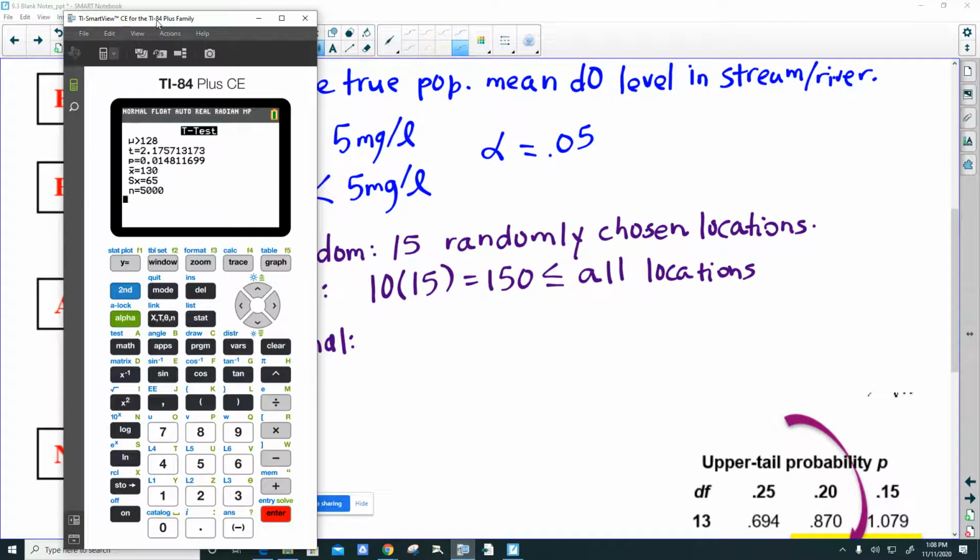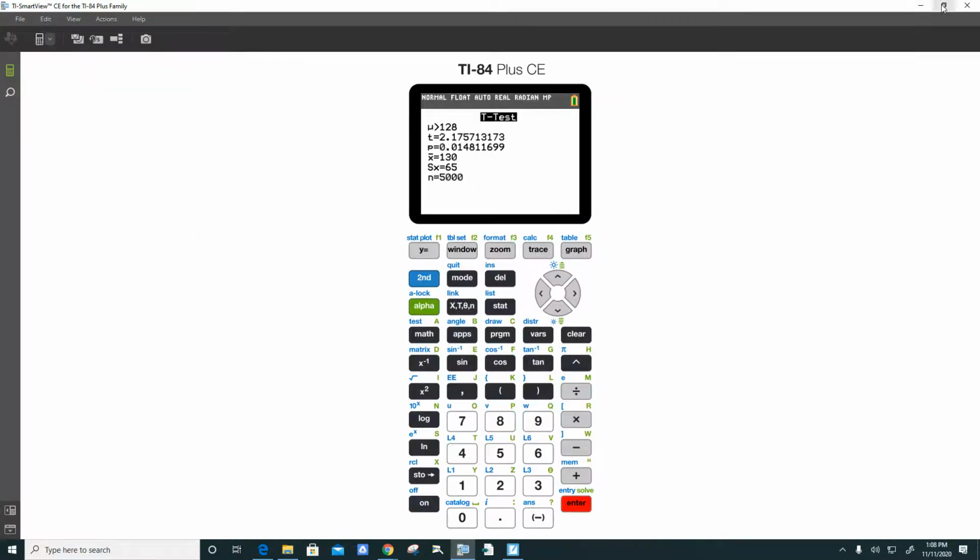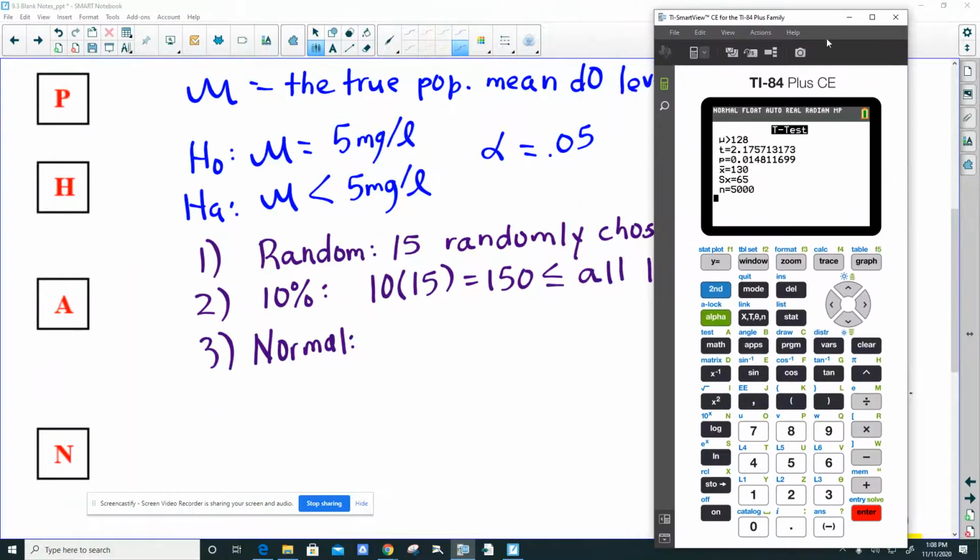Here I have already put the data for this particular problem into L1. I'm going to come up here to stat plot and turn on the stat plot, and I want to pick the box plot that has the 2 dots there. That way, if there are in fact any outliers, it'll show them to me as dots extended past the whiskers. I'm going to press zoom 9, so it'll give me a good window.